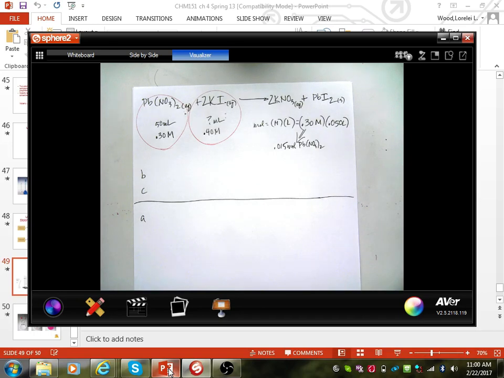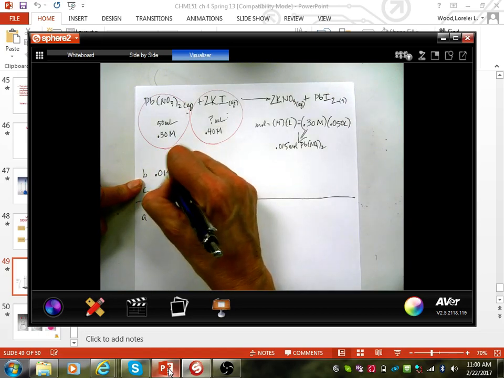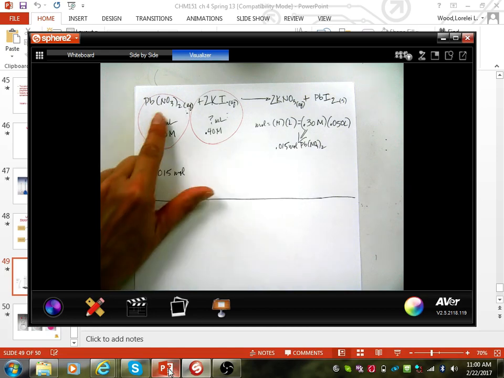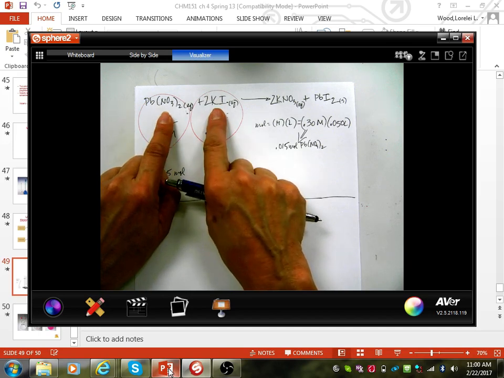I've got a molar amount. I'm going to put that into my BCA as my before. 0.015 moles of this stuff is what we're starting with. Now if we look at our balanced equation, which one do I use more of? Do I use more lead nitrate or more potassium iodide? I use a lot more of this, by a ratio of twice as much.